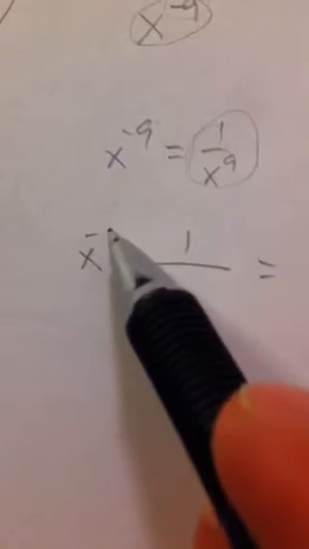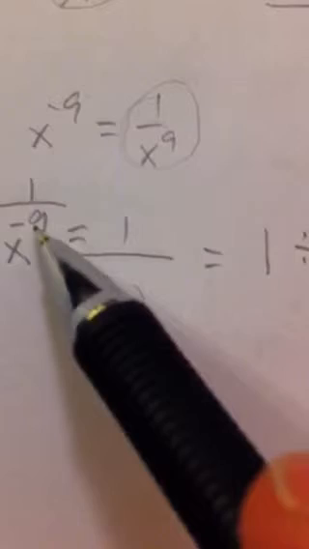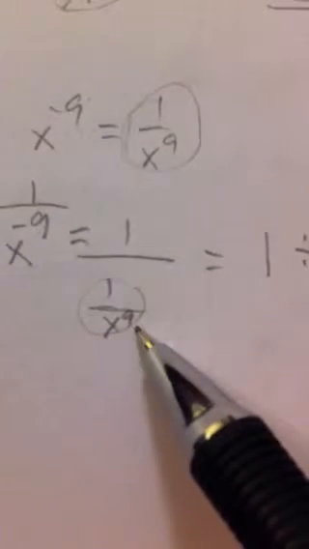So this came from 1 over x to the negative ninth. This 1 over x to the negative ninth equals 1 over x to the ninth, which is a fraction. That's what that negative sign means. It means it's in the denominator. And when we carry out this division, it becomes a multiplication because we take the reciprocal, and we have x to the ninth as an answer.